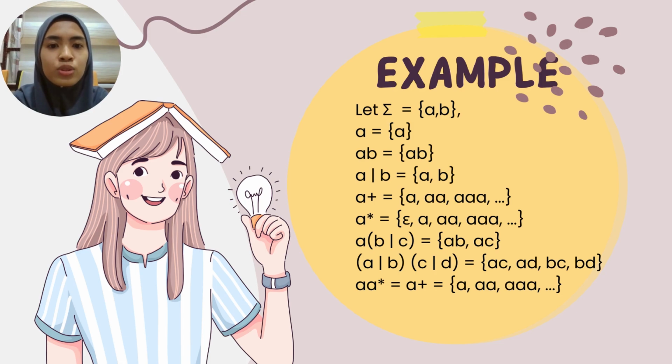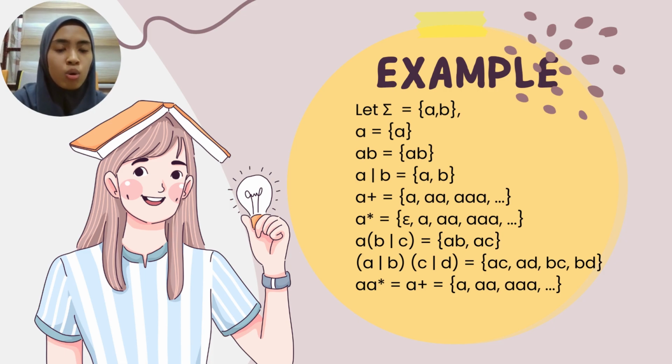Okay, next we go through more examples of regular expression. Let's say the alphabet is equal to the set of A and B. A is equal to the set consisting of A, and AB is equal to the set consisting of AB.